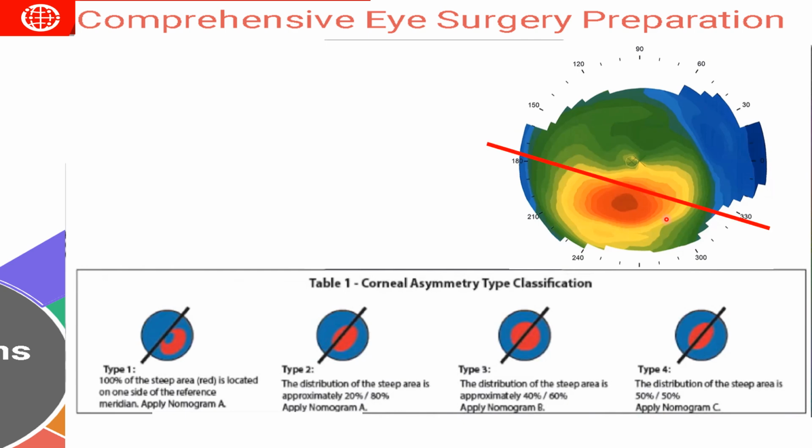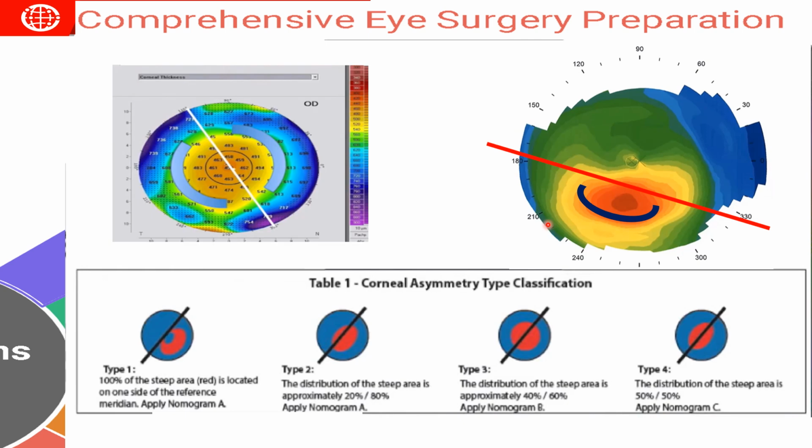For example, in this case, if we apply the topographic axis, we can determine the shape of the cone and compare it with the nomogram to see which one it corresponds to. In this case, most likely it corresponds to this. So it determines how far the apex of the cone is from the central part of the cornea. For example, if we are planning to place the intracorneal rings, it will be like this picture.